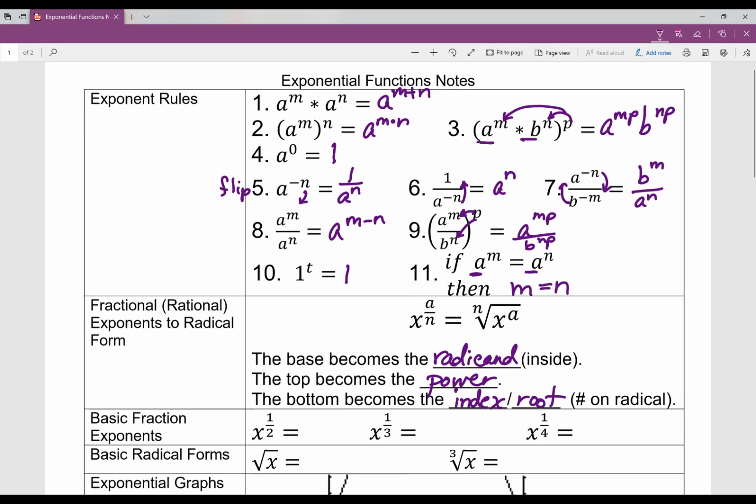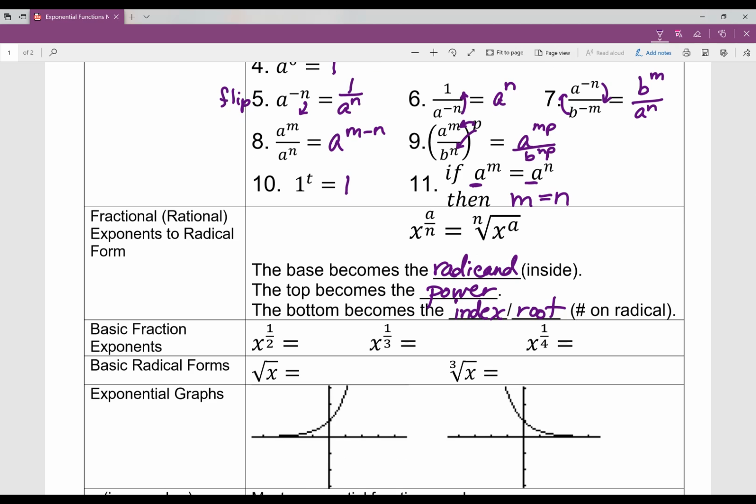If you have some basic fraction exponents, so if you have x to the 1/2, this is the square root of x, because this is the same thing as x to the 1 over 2. The cubed root of x would be x to the 1/3.